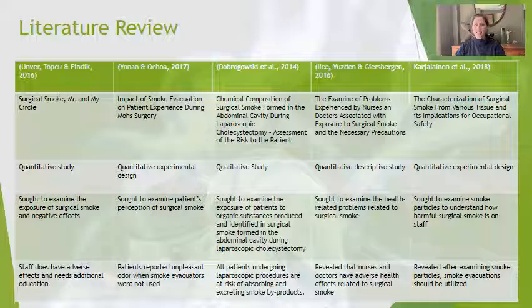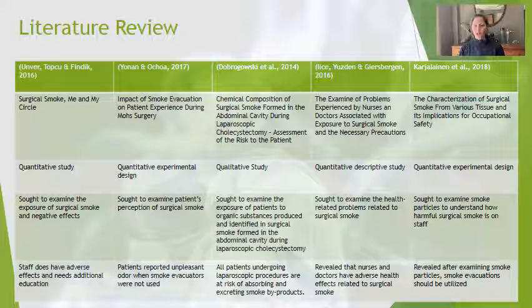I think that the research shows that surgical smoke is harmful to both patients and staff, and these findings will be key in showing the staff and getting them on board, decreasing any barriers that I will have with staff not wanting to use the smoke evacuators. And this will demonstrate as well that smoke evacuators are best practice.